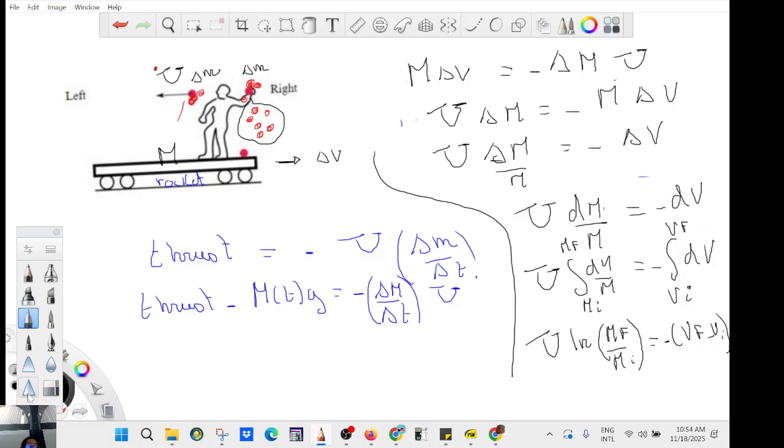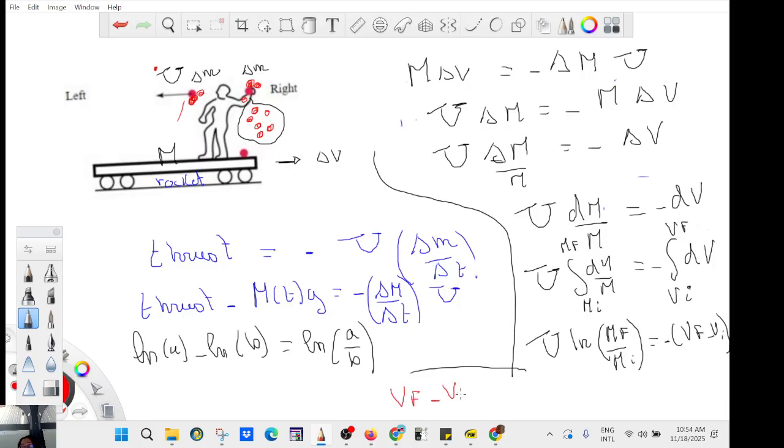Do you agree? Because if I do ln of A minus ln of B, you're going to have ln of A over B. Agree? So finally, I'm going to have the final speed of the rocket minus the initial speed equals U, the speed at which you are throwing the exhaust, times ln initial over final.